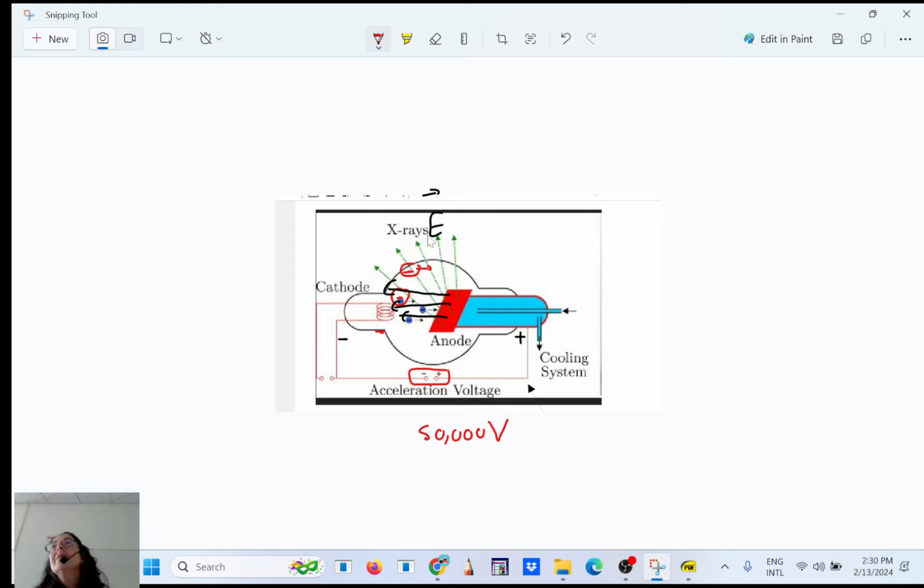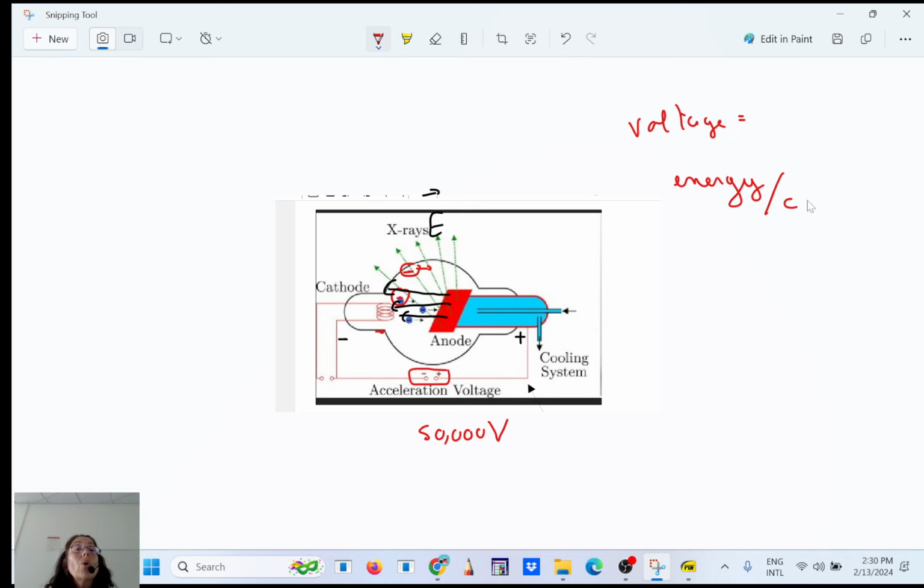You see how it works? And 50,000 volts. Let's remember the last unit. Remember from last time what voltage is. Remember, don't erase your memory.